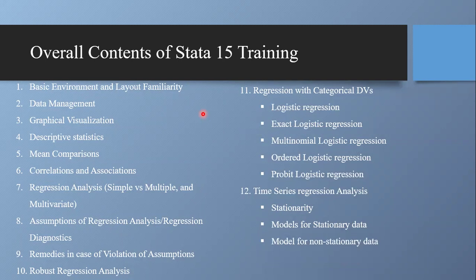So in case of time series data, I will consider these three things, and I will apply Stata for identifying the stationarity, and also for models for stationary data, models for non-stationary data, and so on. Then we may have some advanced models that I will include, similar to what Adnan Afzal has nominated, but those models are related to the panel regression. So in case of time series, I will identify which models are advanced. I will include them here.